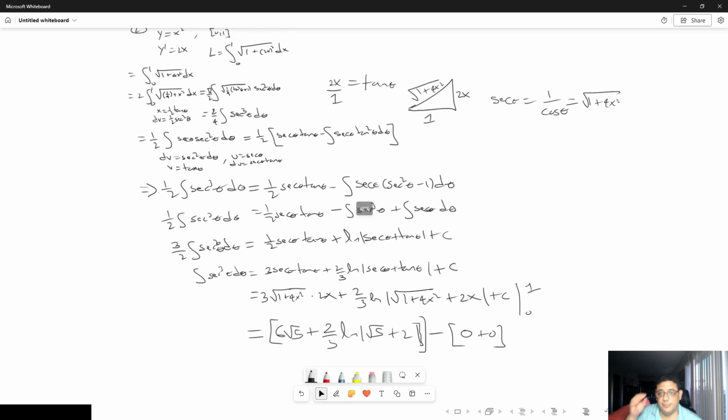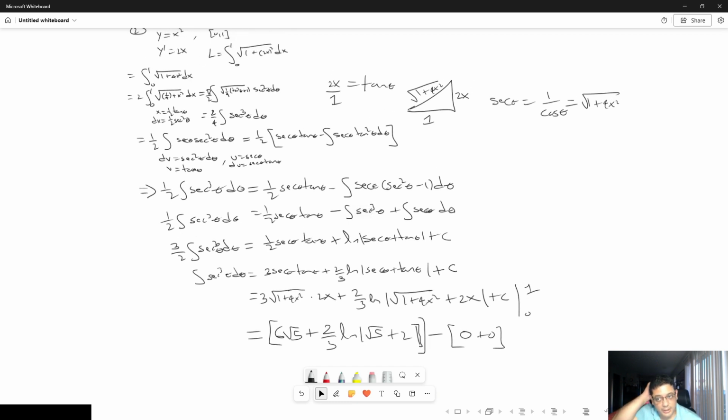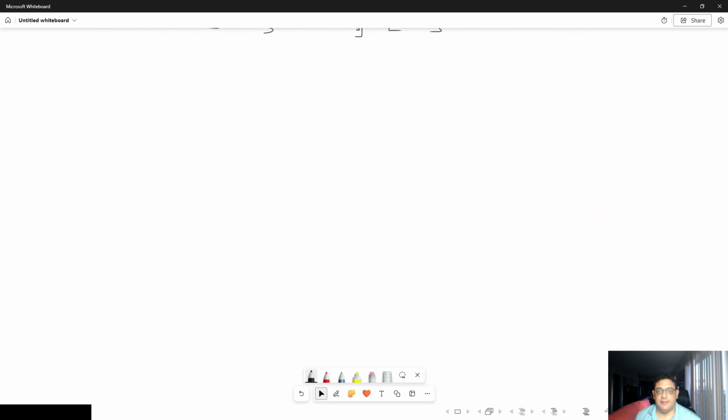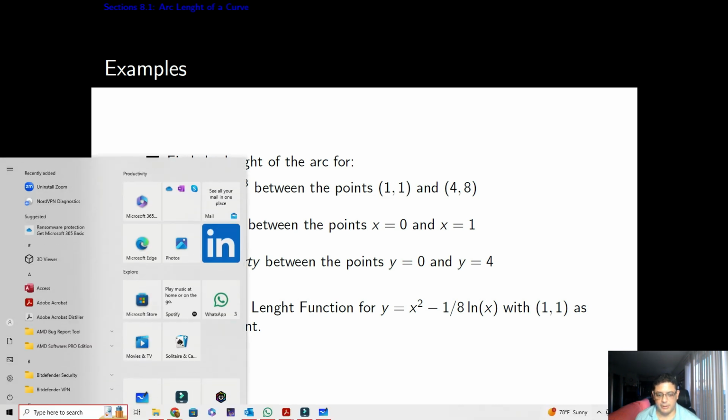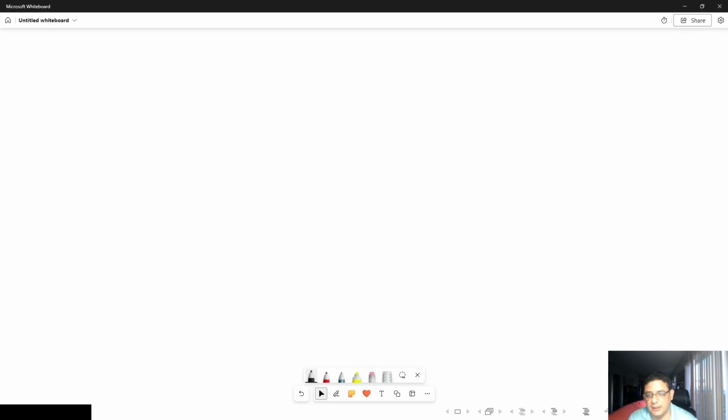So this was an especially long integral case. Now let's see the last one, with x equals the square root of y, because we can essentially do the same thing with functions that are in terms of y as well.